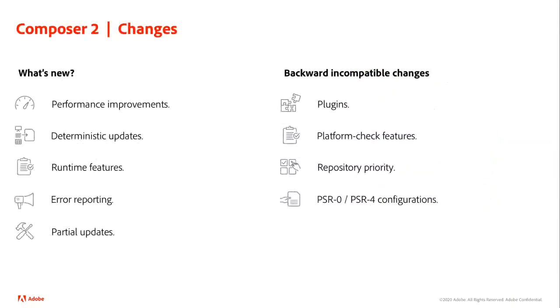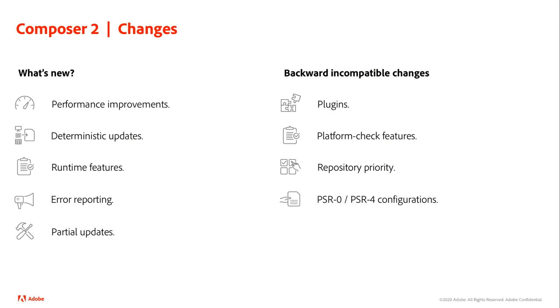So let's review what is new in Composer 2. In Composer 2 there are a few cool things which were added, as well as breaking changes. They all came together. One of the most important things is performance improvement.